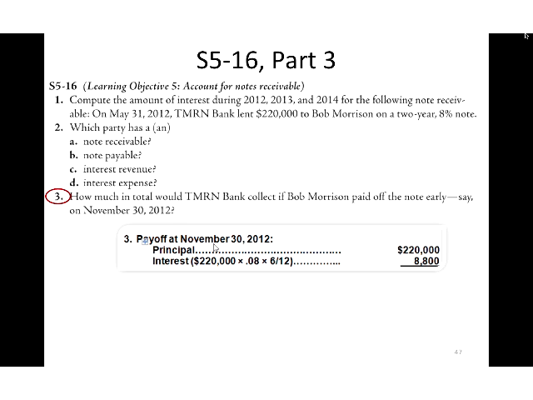So we get $8,800. So the total amount that the bank would receive on November 30th, 2012, if Bob were to pay this off early, would be $228,800. When the note's paid off, you're going to get the principal and you're going to get interest.